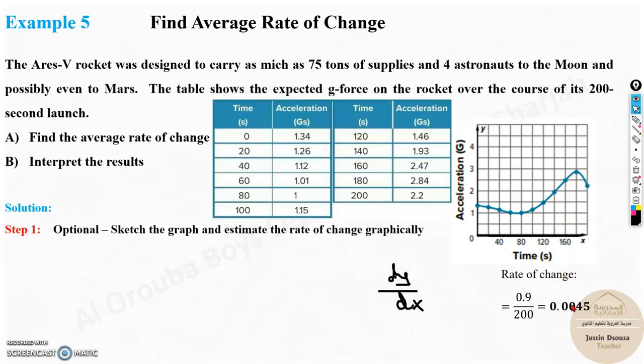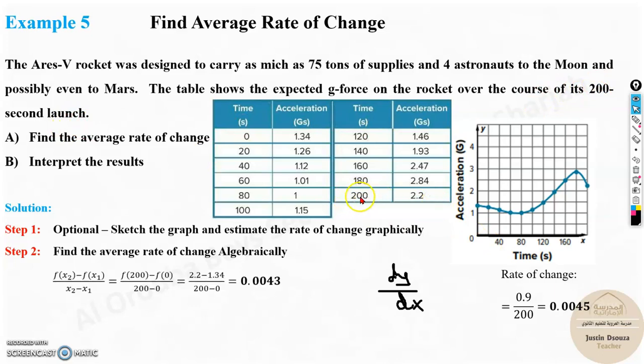This is your answer. But if you want to find it algebraically, they have told us over the course of 200 seconds launch. So the final value is 200. This is the formula: f of x2 minus f of x1 divided by x2 minus x1. This was there in the last term. We even had problems for the final exam. In the exam scheme, we had this problem.